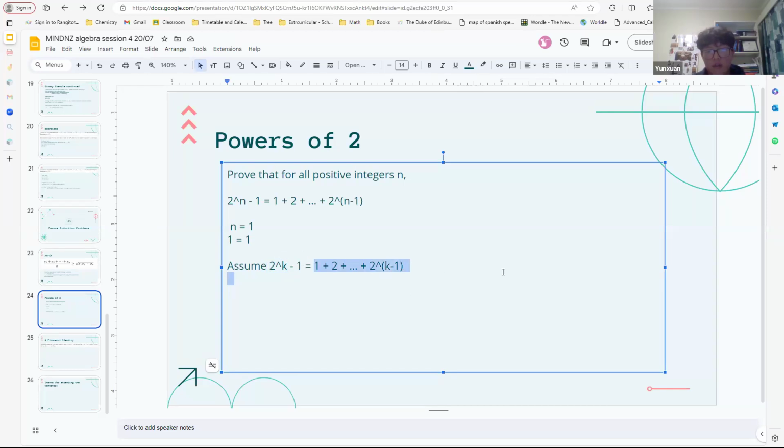So this side has a bunch of consecutive terms, but it has nothing to do with k. And this side has only 2 terms, and it has something to do with k. So we should look at the left-hand side. For the left-hand side, it's 2 to the k minus 1. And we know that 2 to the k plus 1 is 2 to the k times 2, right? So we can just add 2 to the k to both sides.